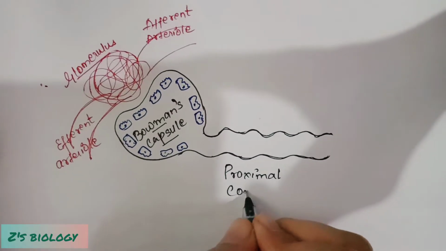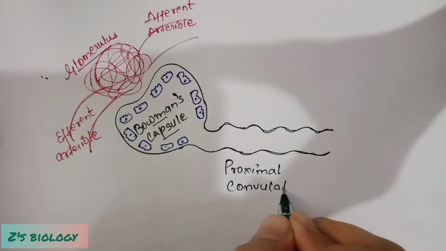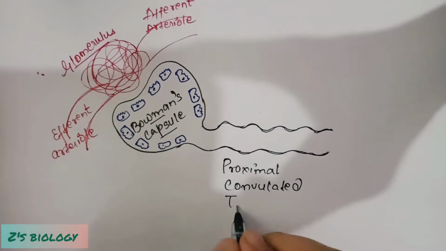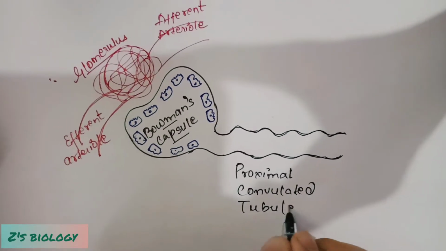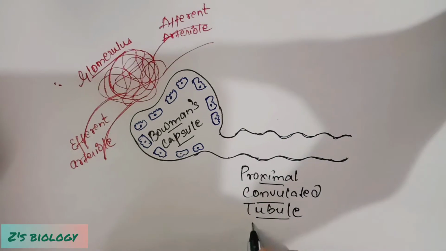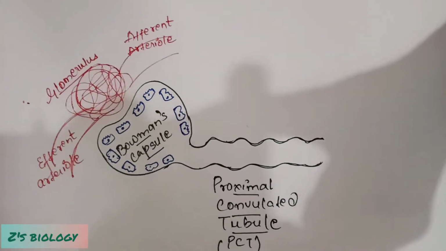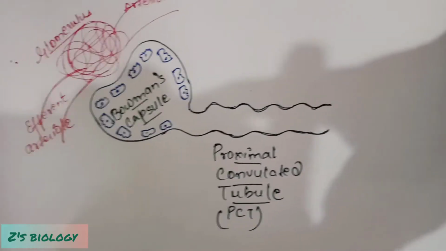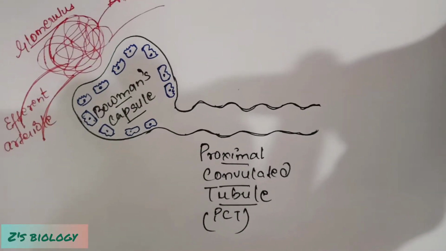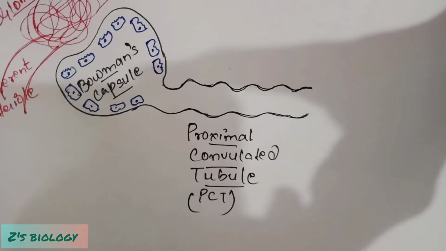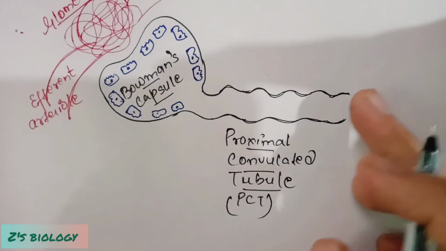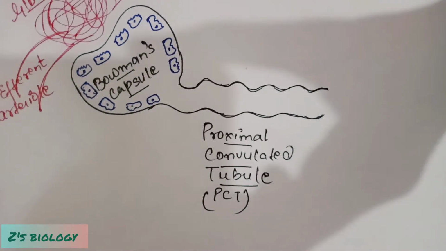Starting from the PCT, let me draw. It arises from the Bowman's capsule, and it is situated in the cortex of the kidney. This structure has a very important function because it is the main site of reabsorption.